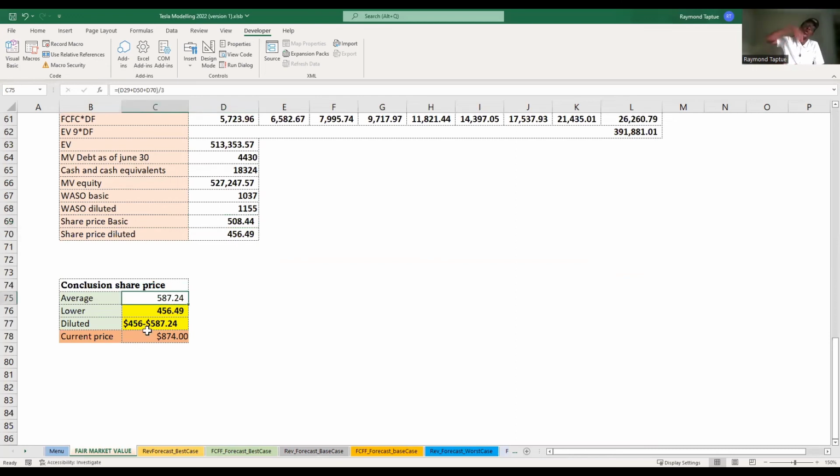And I will take the lowest value that I get under the worst case scenario, using the diluted one, 456, to say that, okay, I believe that Tesla will be fairly valued to me if the share price is within $456 and $587. So it means that with the current share price being about 874, Tesla is overvalued.